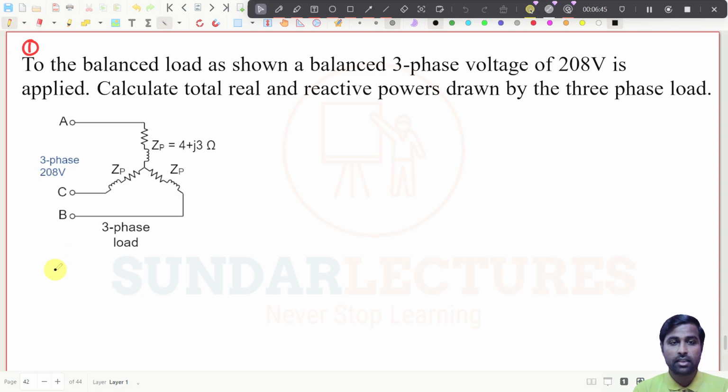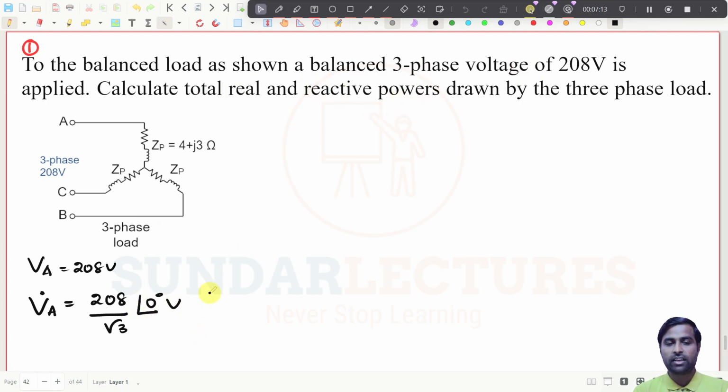See, they have given you VA as 208 volt. This is line voltage, and since this is the star connected load, if you are going for VA phase voltage, then it will be 208 divided by root 3 at an angle of 0 degree volt, since I am just taking A to be the reference voltage.